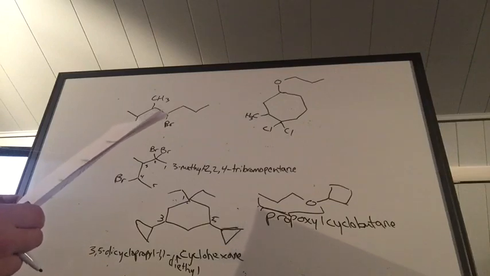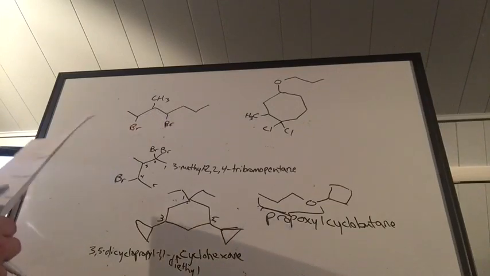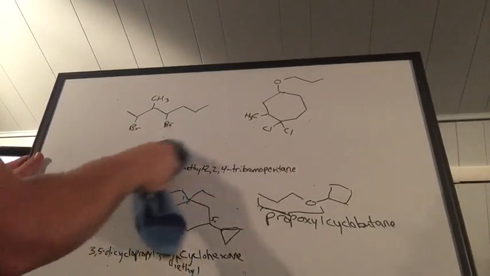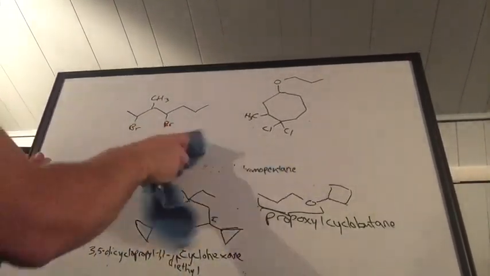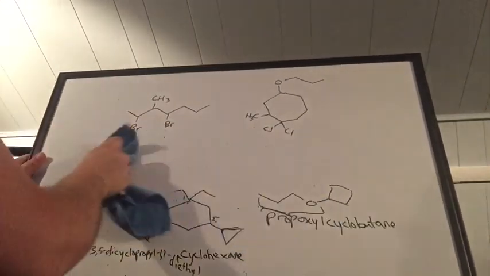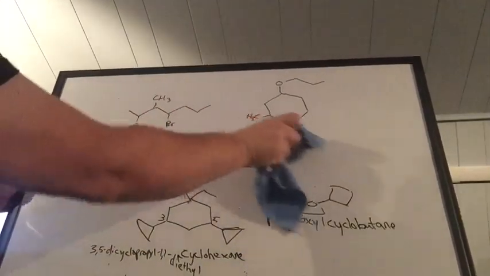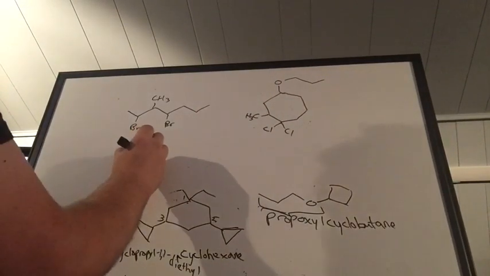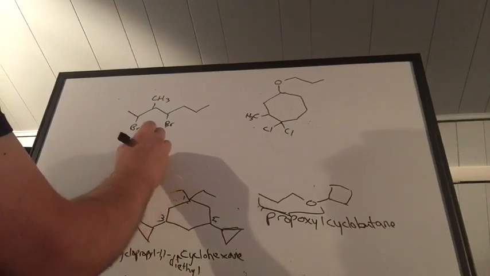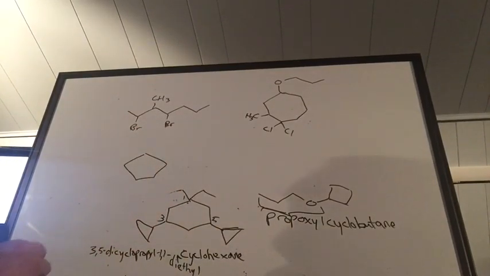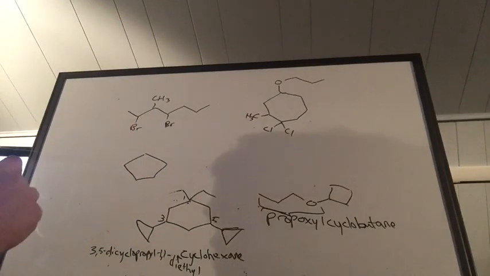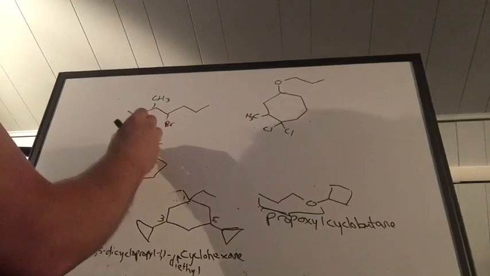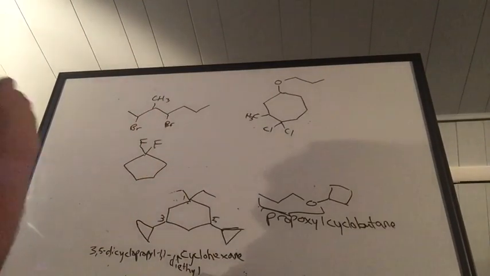Okay, and the last one, 3-sec-butyl, 1,1-difluoro, 4-methyl cyclopentane. So cyclopentane. Let's erase this next one here. So there's a pentagon right there. Let's just put the 2 difluoro groups right there at the top for number 1.